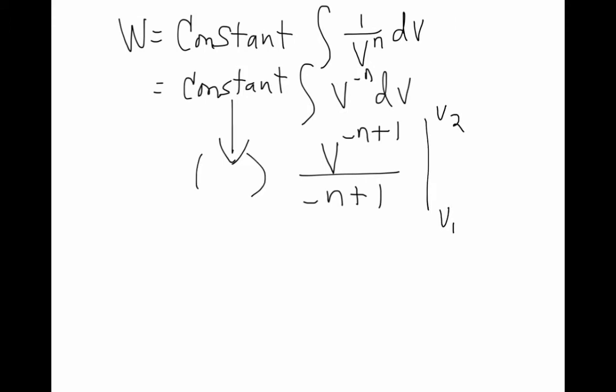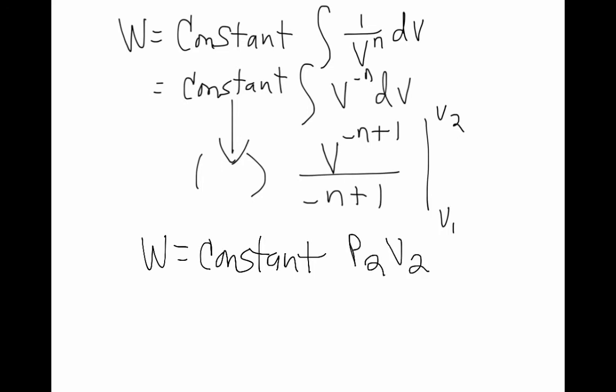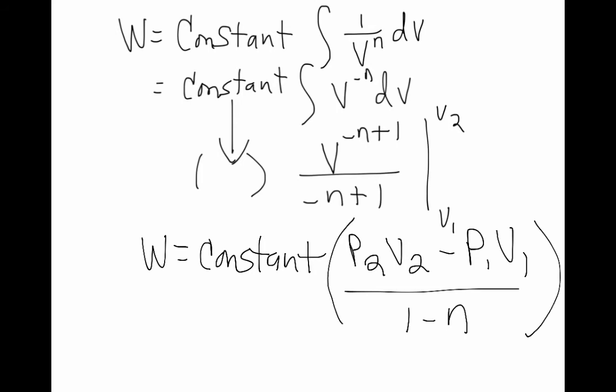And this term can be reworked to the following, so that we have our P2 V2 minus P1 V1 divided by 1 minus n, for any value of n not equal to 1.